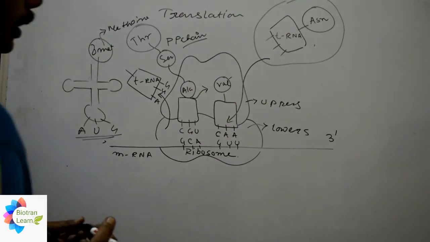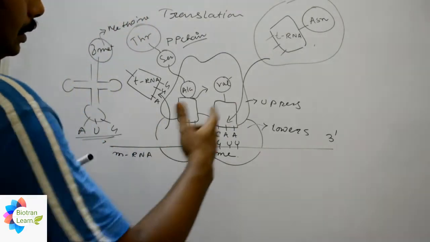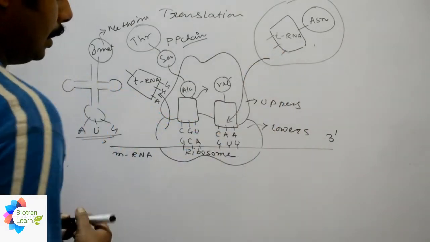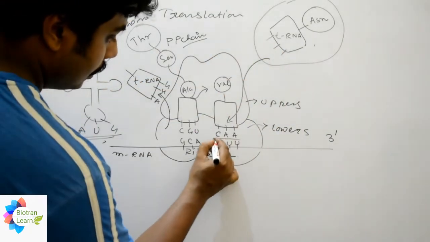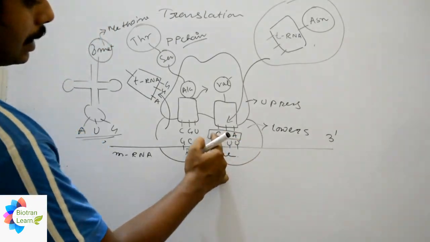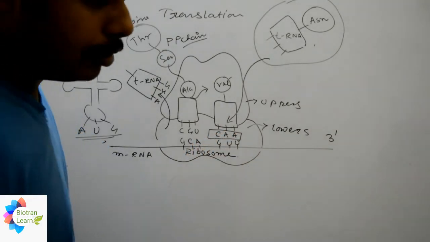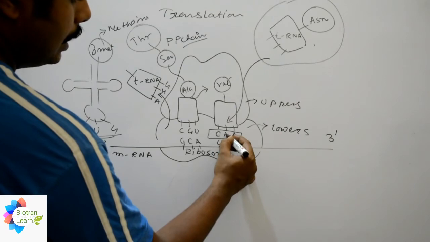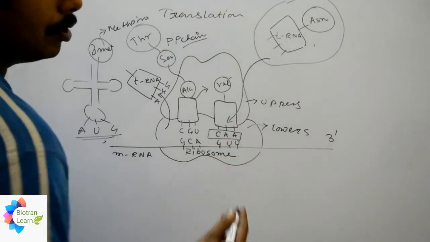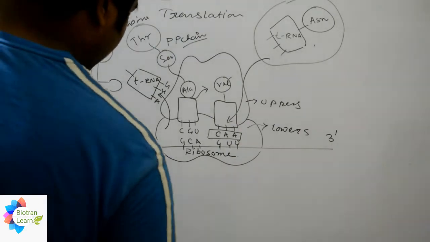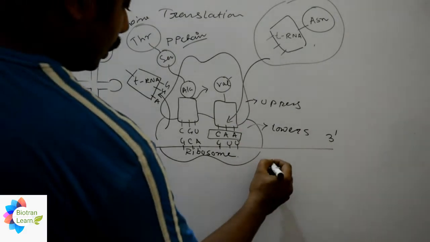This subsequent tRNA will have a particular anticodon, like in here. Suppose this had a particular anticodon of CAA, which binds to GUU, or brings down the GUU section. So what happens in this case?